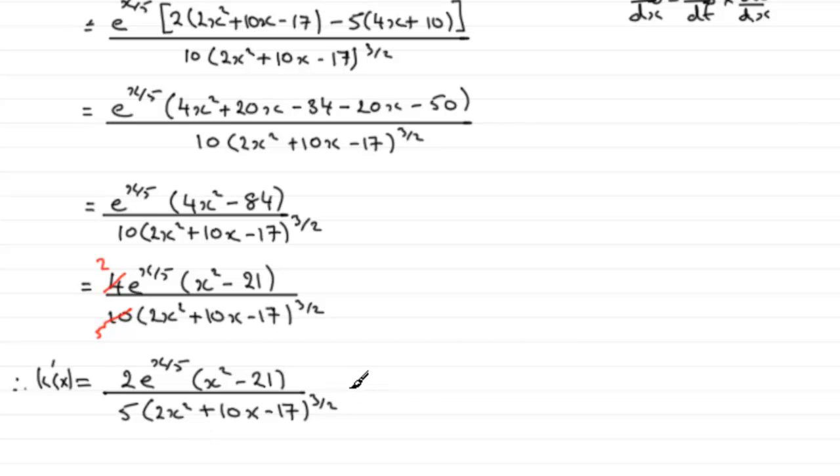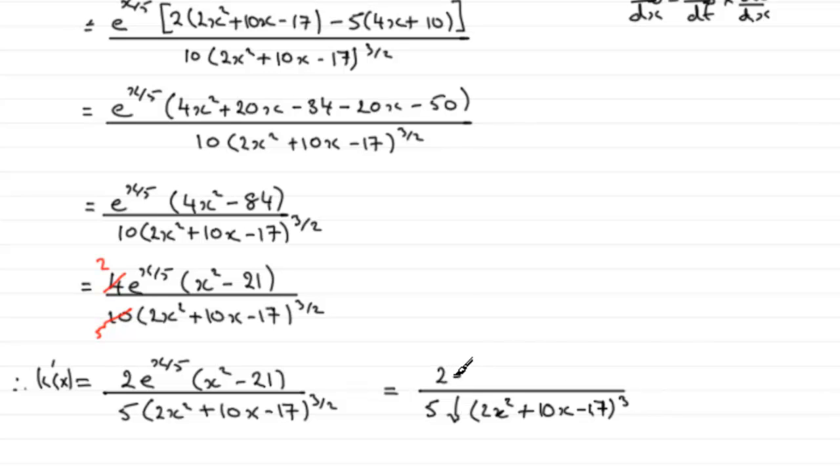There can be different versions of this, I'm sure. You could write that denominator in another way. You could write it as 5 times the square root of 2x squared plus 10x minus 17, and then you've got that all cubed, to the power 3. So that's one way of doing it.